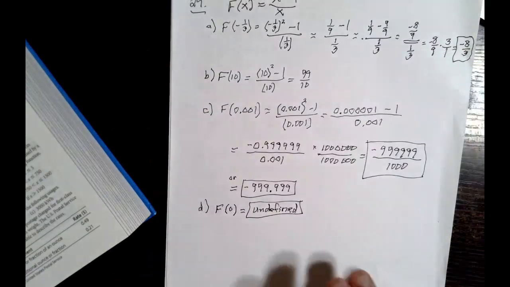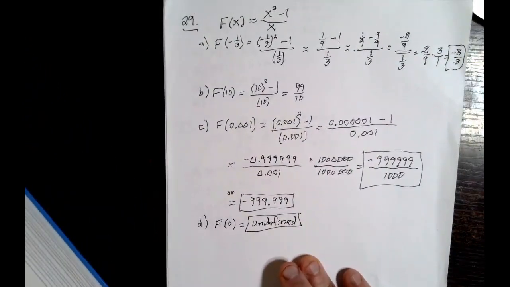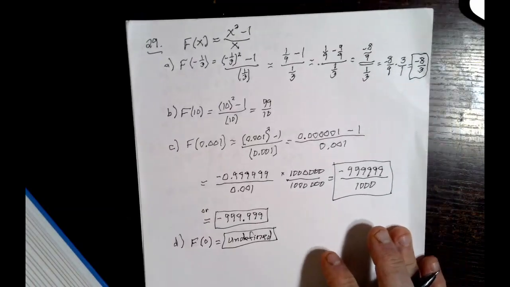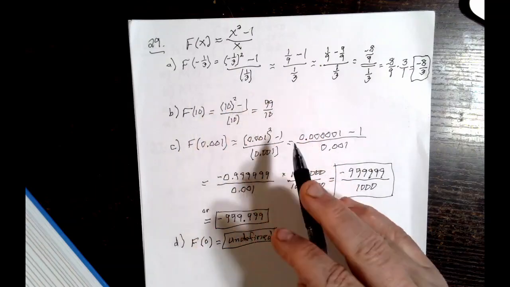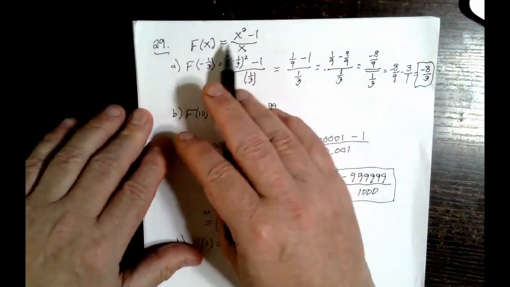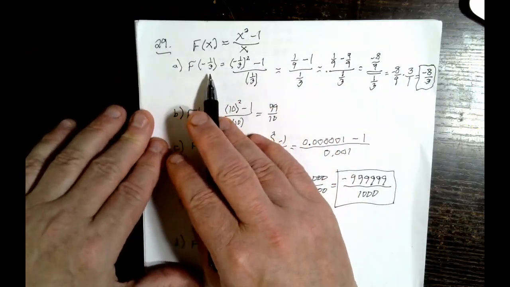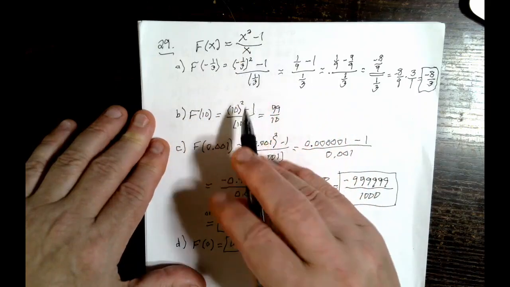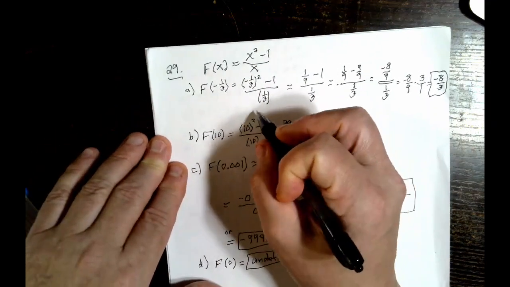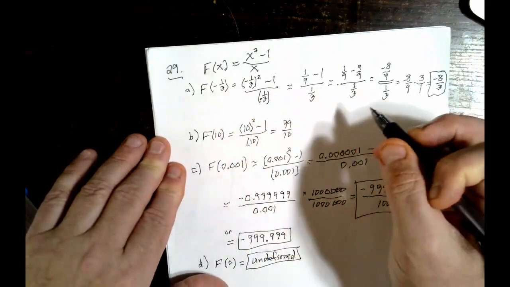Alright, at 29, they give you a function, this guy here, and they ask you to find f of each of these other guys. So f of negative 1/3 means negative 1/3 squared minus 1 over negative 1/3.